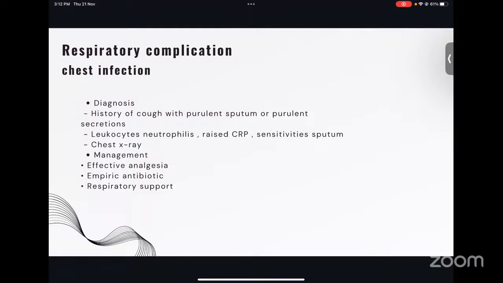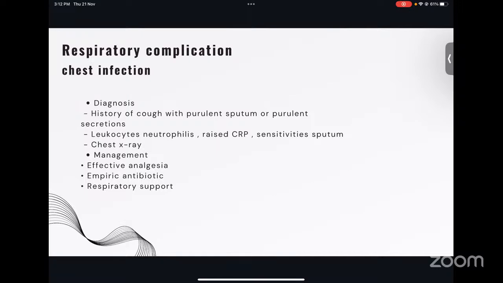Respiratory complications, starting with chest infection. The incidence of pneumonia after cardiac surgery varies from 2% to 20%. The diagnosis starts with a history of cough with purulent sputum or purulent secretions aspirated from the endotracheal tube.